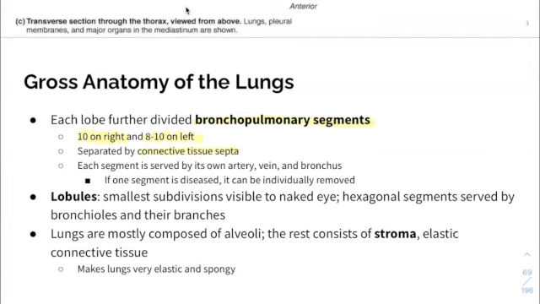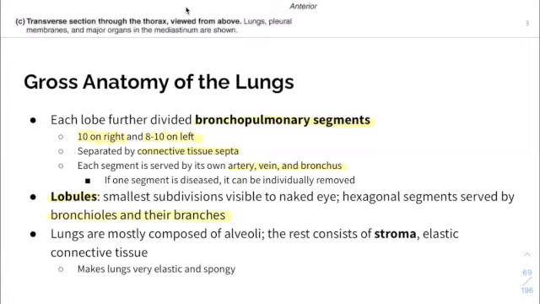They all have an artery, a vein, and a bronchus. Lobules are the smallest thing we can actually see. We can't see a lot of this without a microscope, but a lobule is the smallest thing we can actually see, and it is a segment served by bronchioles and their branches.